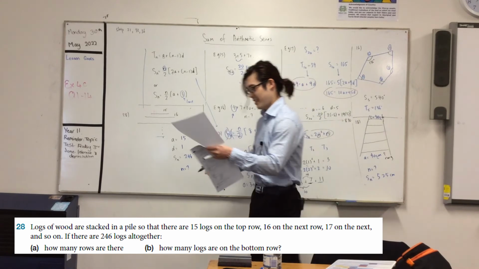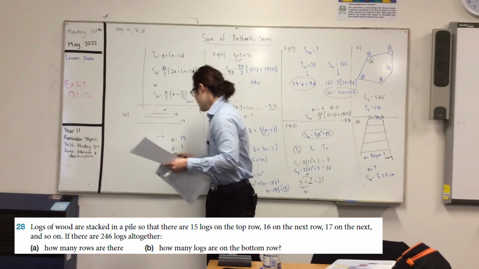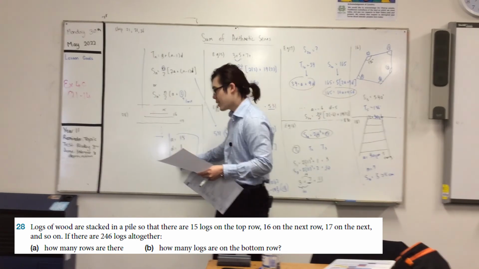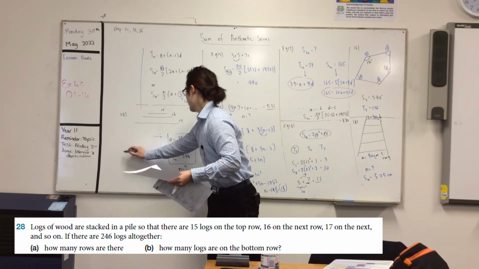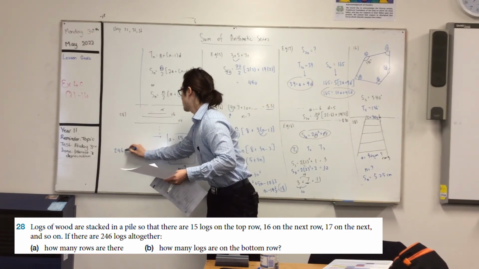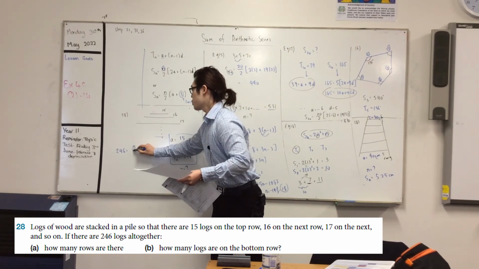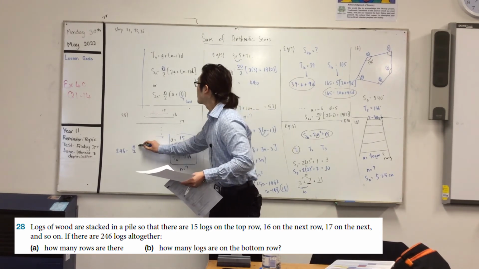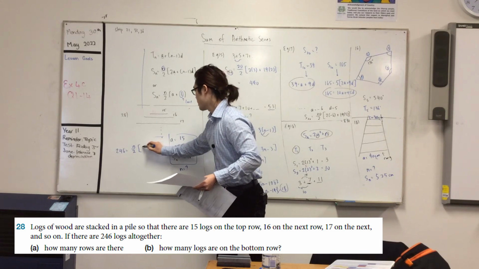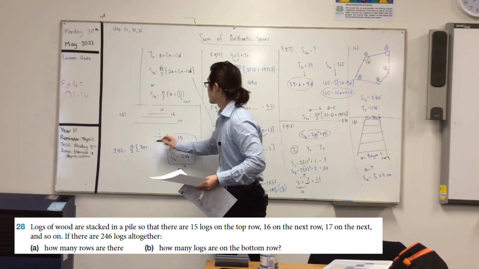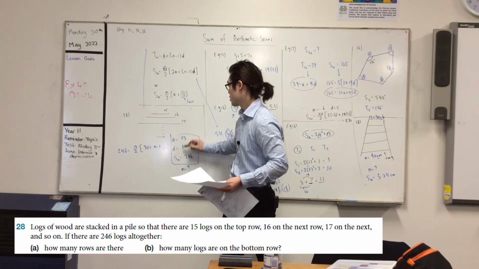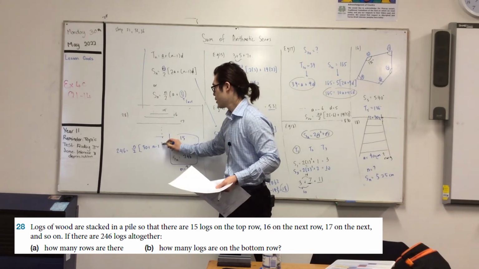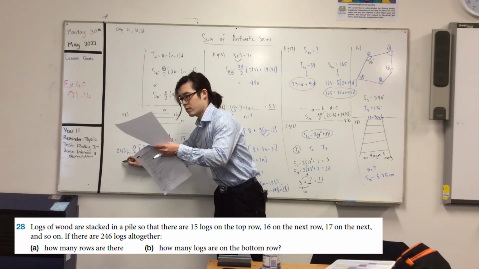Okay. All right. So we have this. It's natural to use the Sn formula because we have Sn, right? So from there, 246 equals n over 2, because we don't know what n is, that's the question, times 2 times A, which is 30, plus n minus 1, because d is just 1. Times that across.